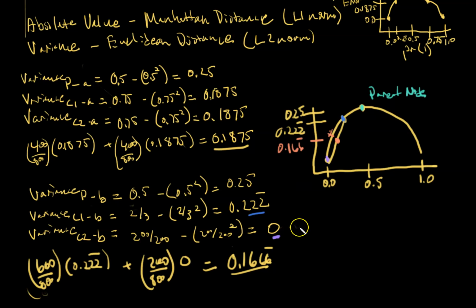Let's write this down, Jensen's inequality. I just wanted to introduce that term, but in the future I will do a video on Jensen's inequality. So hopefully this gave you some intuition on the difference between the absolute value and the variance.